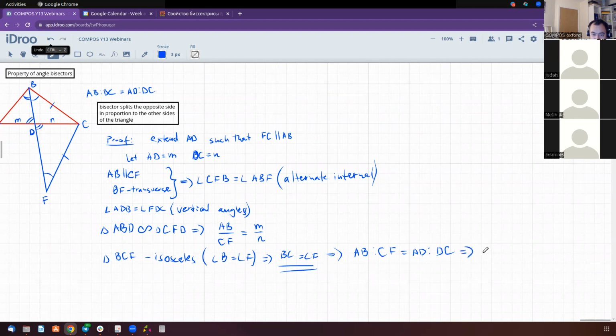Therefore, I can rewrite this as AB to BC equal to AD to DC.